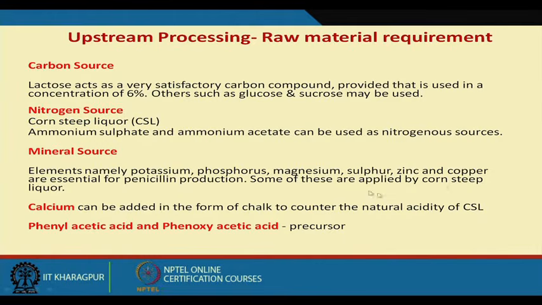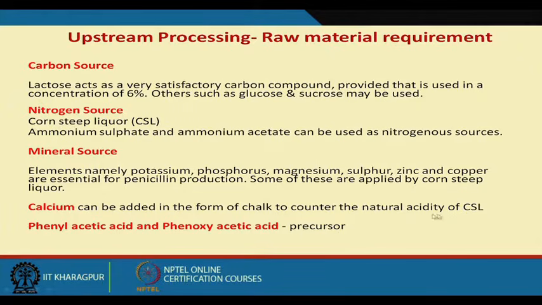So it comprises a lot of things. Calcium can be added in the form of chalk to counter the natural acidity of corn steep liquor. Corn steep liquor has an acidic pH, so we use calcium ions just to neutralize that.